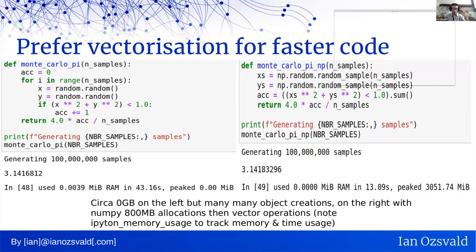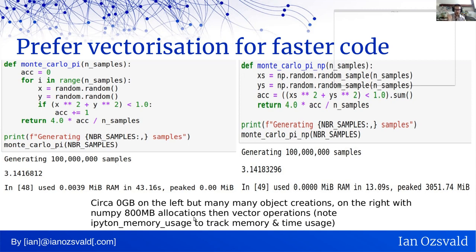That's the X's and the Y's, and then the temporary X squared and the temporary Y squared. That gets you to 3 gigabytes, and then you start to lose those temporaries. So you peak up at 3 gigabytes, and then you lose everything by the end of the function. So it costs 0 RAM overall, but it peaks at 3 gig during the execution. But the execution takes 13 seconds rather than 43 seconds. So you're much better off writing vectorized solutions inside NumPy.